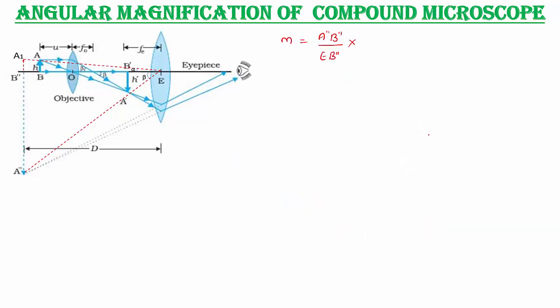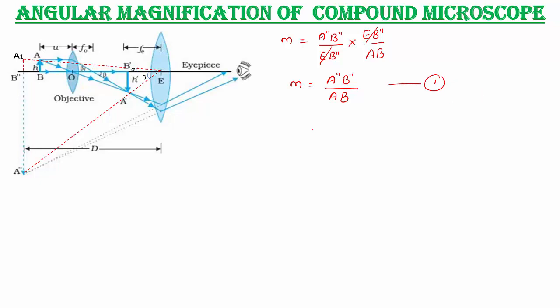AB divided by EB double dash. Let us write it as EB double dash divided by AB. Here EB double dash will get cancelled. So we got m equal to A double dash B double dash divided by AB. Let us take it as equation number 1.